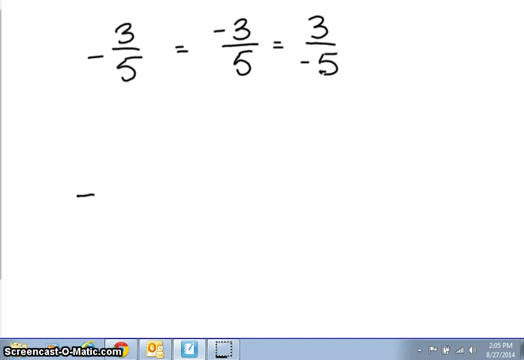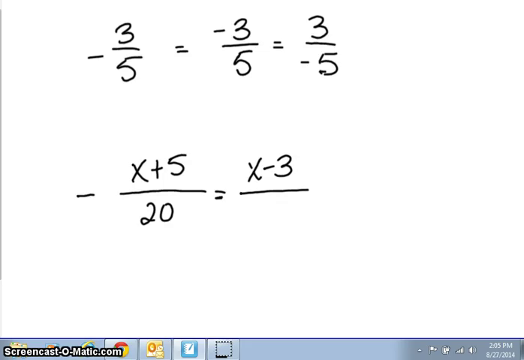If you're doing a proportion and you see a negative in front of a fraction, and I'm not going to work this out, but that negative on the left-hand side of the equation can either go with the top or with the bottom. Now, if you decide to put it with the top, again, you have to think of this as in parentheses.